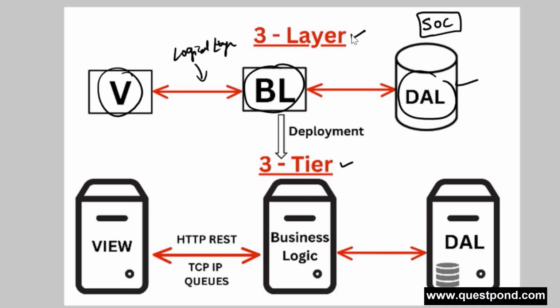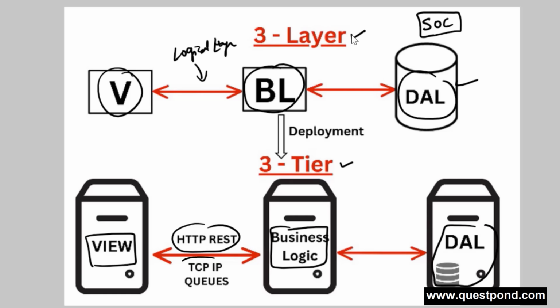layers internally. But it is very much possible that when you are deploying this into an infrastructure, you will run the presentation in a different box, you will run the business logic in a different box, and you will run the data access layer and database in a different box. The communication between these layers can happen through HTTP REST or TCP/IP or queues or some other mechanism which the architect decides, right?